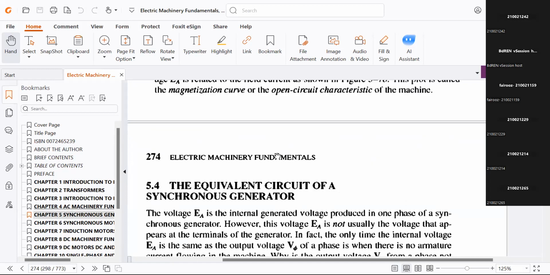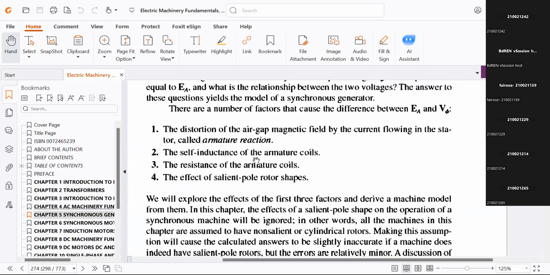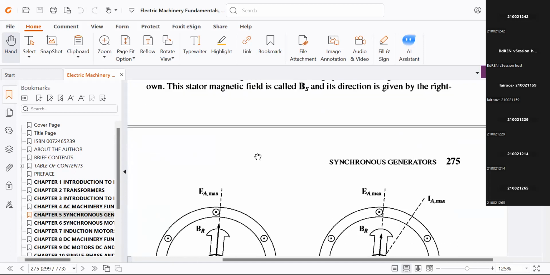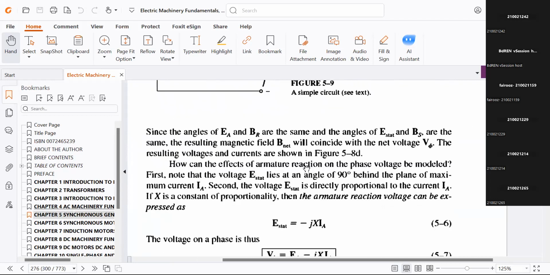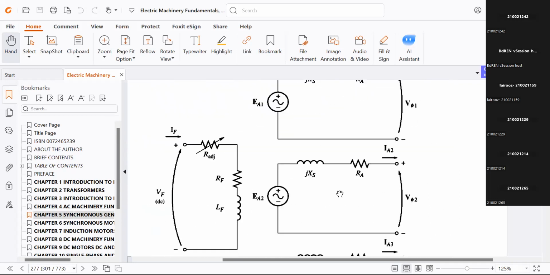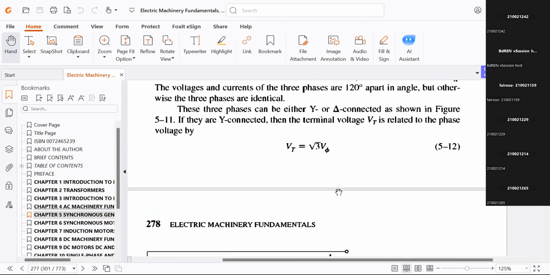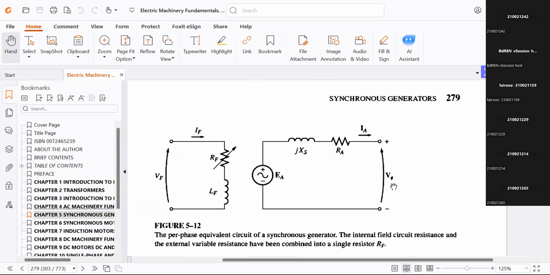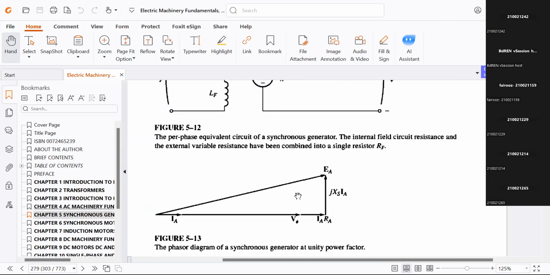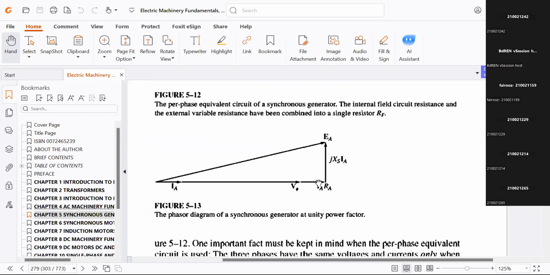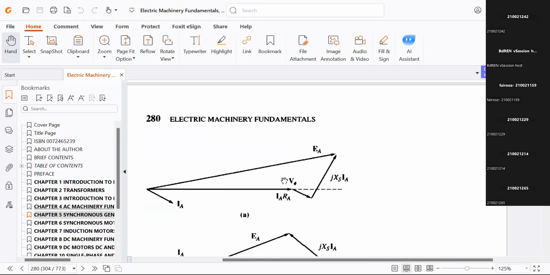So this is the equation for generating voltage, and this is the equivalent circuit formulation. This is for a 3-phase system, and per phase equivalent circuit, we got it like this. I showed this in your physical classes. Later on, we found the phasor diagram for different types of load. This is for inductive load.